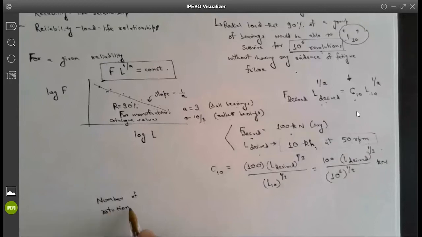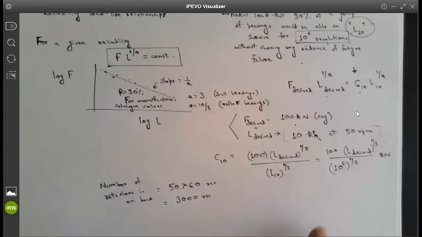Number of rotations in an hour would be 50 RPM multiplied by 60. That will be 3,000 revolutions.